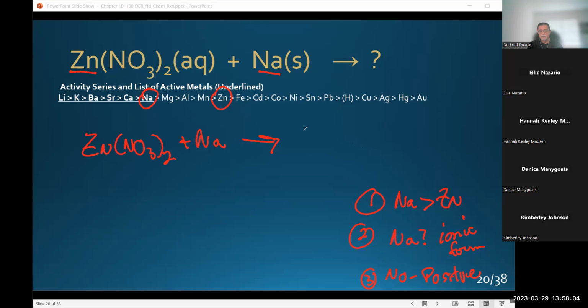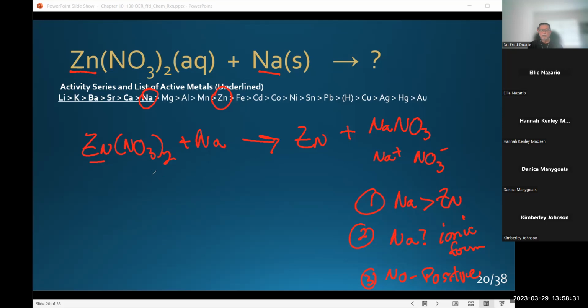So we're going to end up with zinc. Zinc now goes from ionic form into elemental form. And then sodium is going to go into ionic form. So we write the ions like we've been doing. We know the nitrates are a -1. And so the formula for sodium nitrate is NaNO3. Okay.